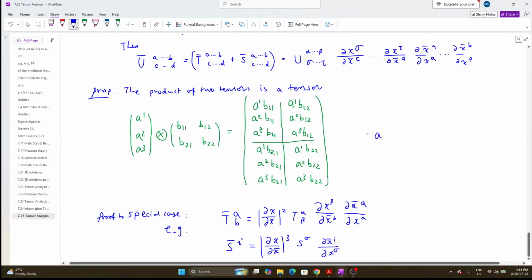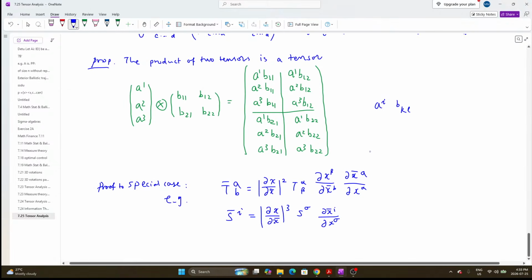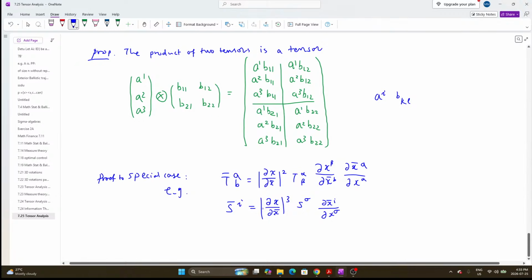What I did here, A I multiplied by B K L, is literally just that. You can't even write equals something, because it would be literally the same as this one. The idea is the result of the multiplication is still a tensor.